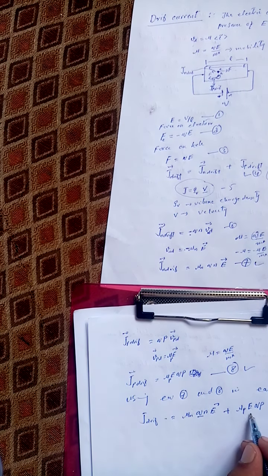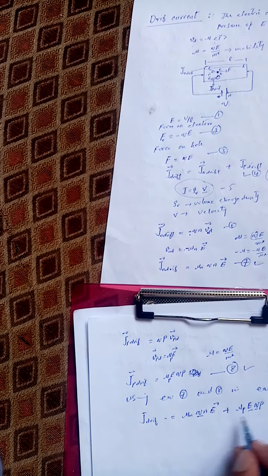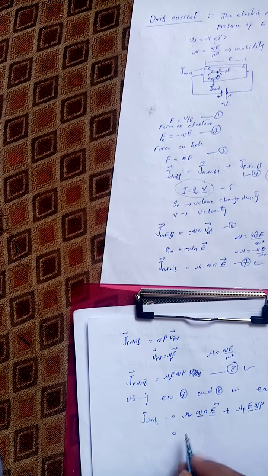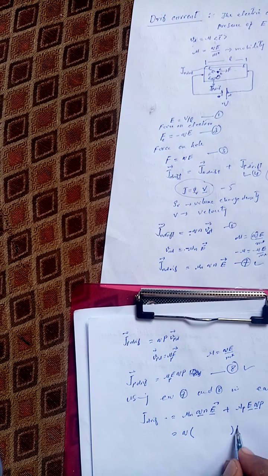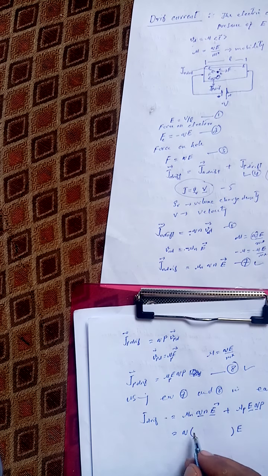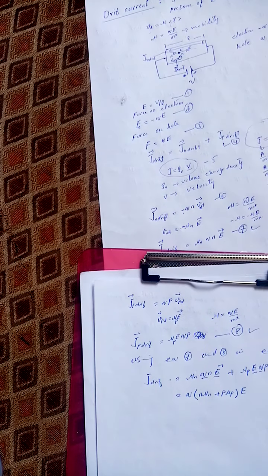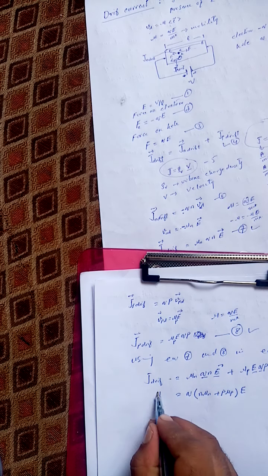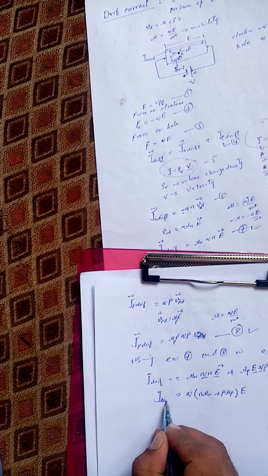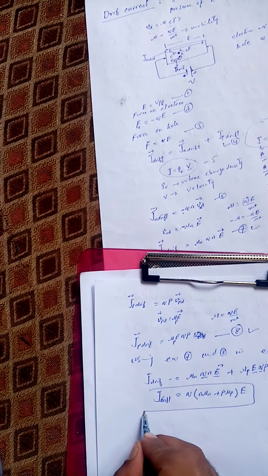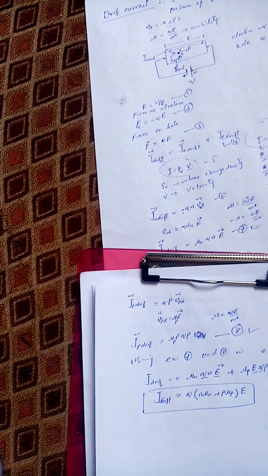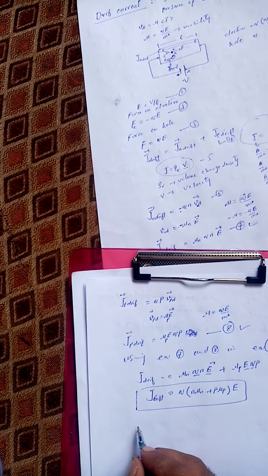Now q and E are common in both these expressions, so we have q E times n mu_n plus p mu_p, which is the total drift current J drift. This is the expression for the drift current in a semiconductor.